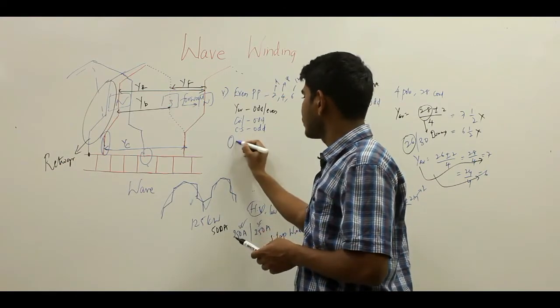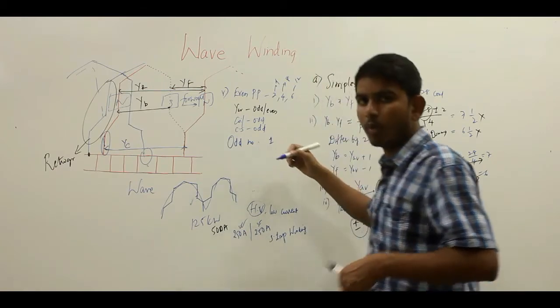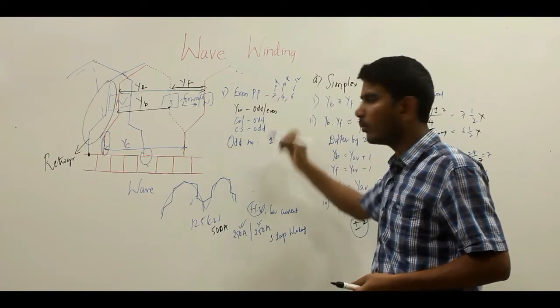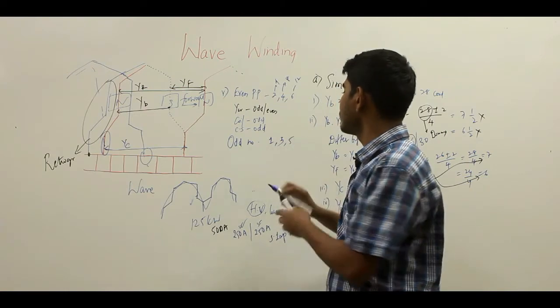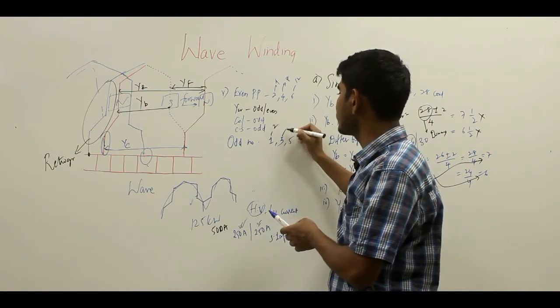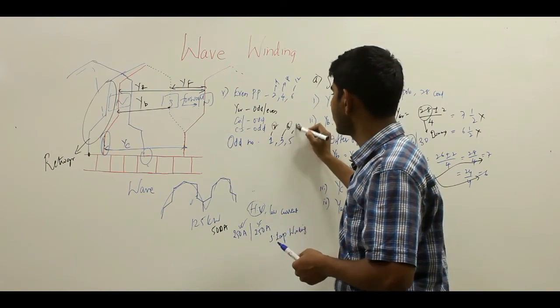And for odd number of pole pairs, 1, 3, 5: 1 pole pair means you are having 2 poles, this is 6 and this is 10 poles. 2 poles, 6 poles, 10 poles.